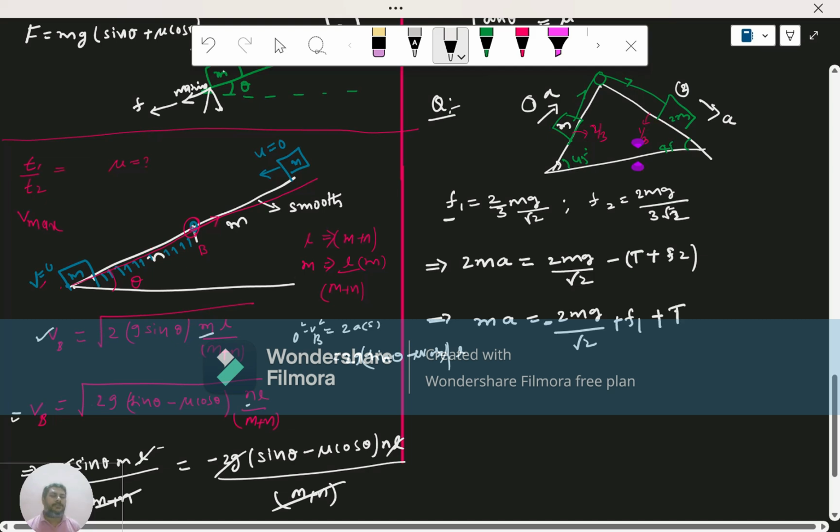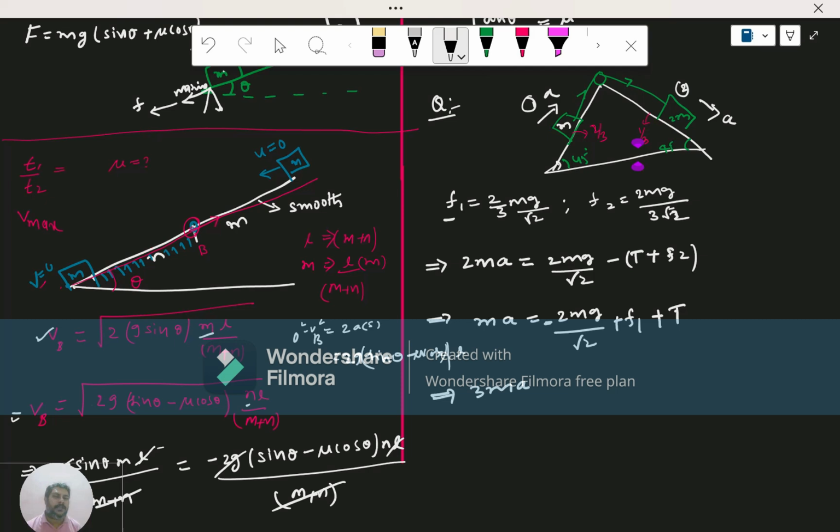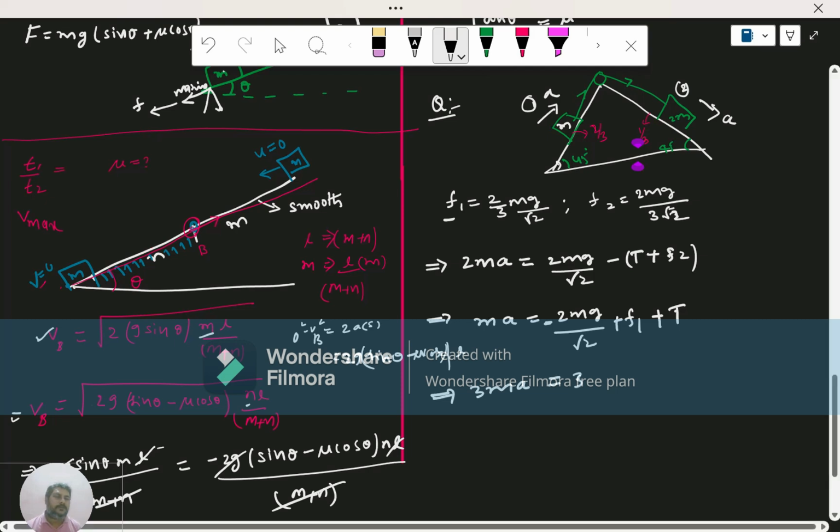Now add these two. Friction 1 and friction 2 are the same, therefore they will be cancelled, and T also gets cancelled. 3ma is equal to, after adding, how much is coming? 0 is coming. T gets cancelled, F2 and F1 get cancelled, so 0 is coming here.